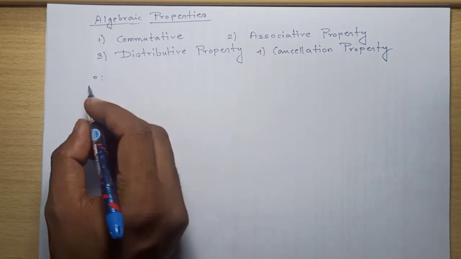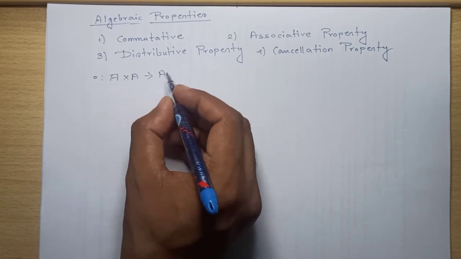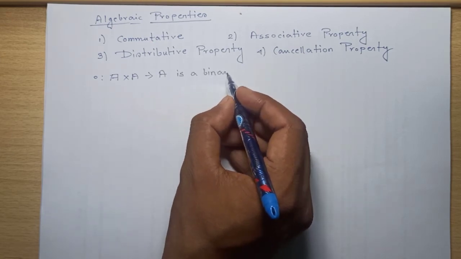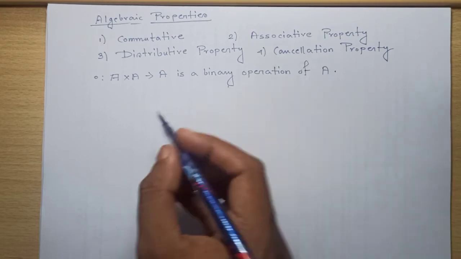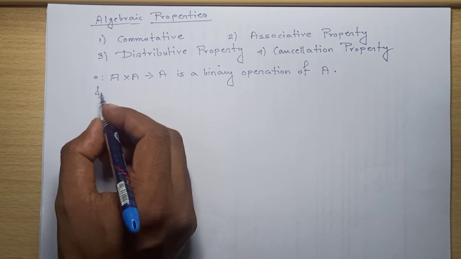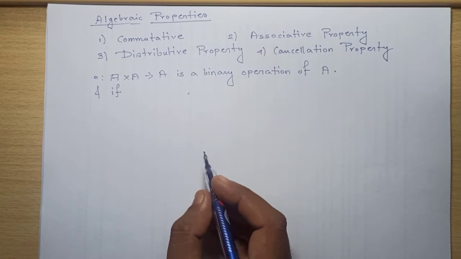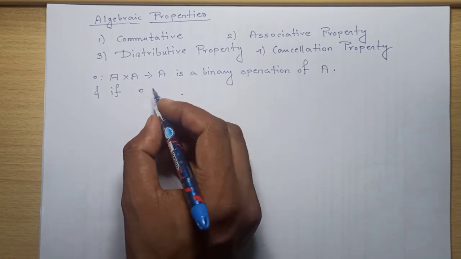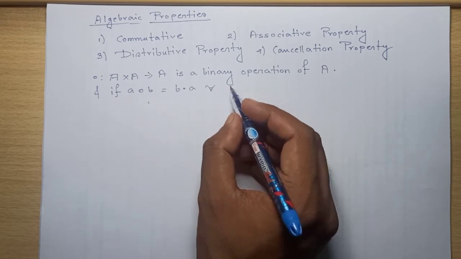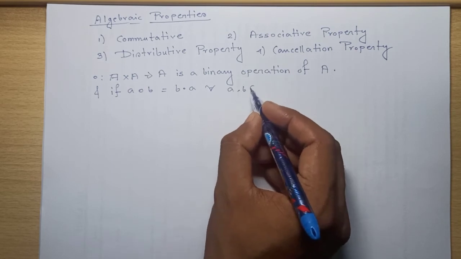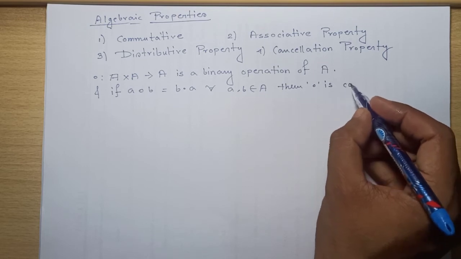Now I am discussing commutativity. Suppose compose: A cross A to A is a binary operation on capital A. If a compose b equals b compose a for all a, b belonging to A, then compose is commutative.